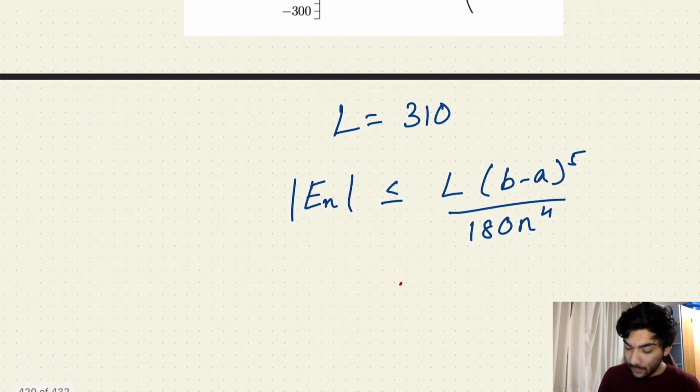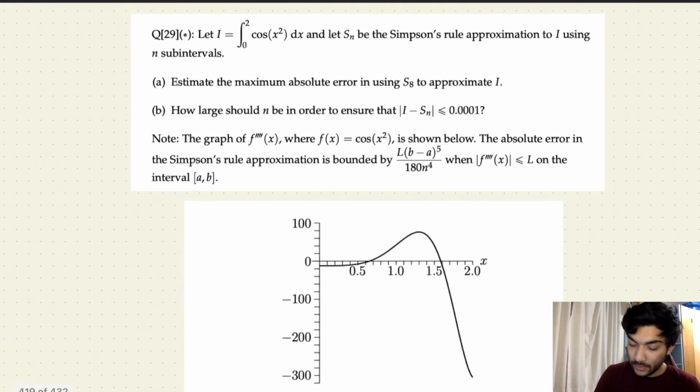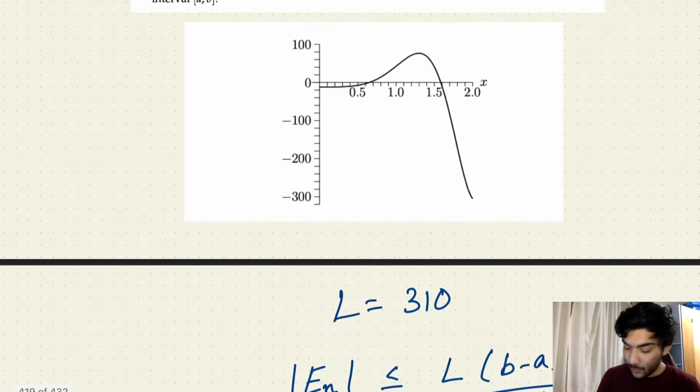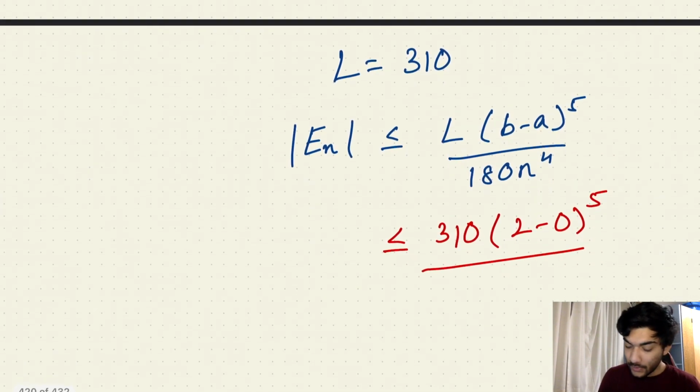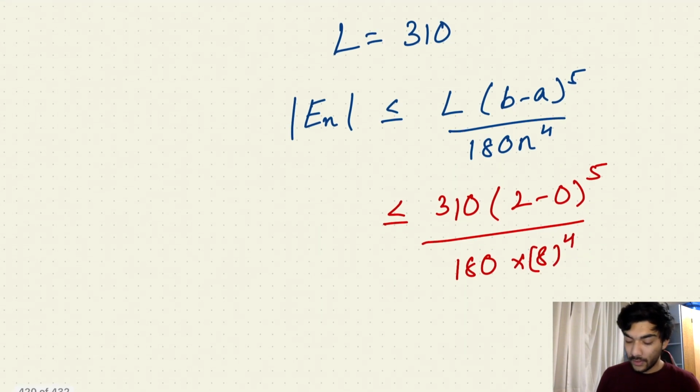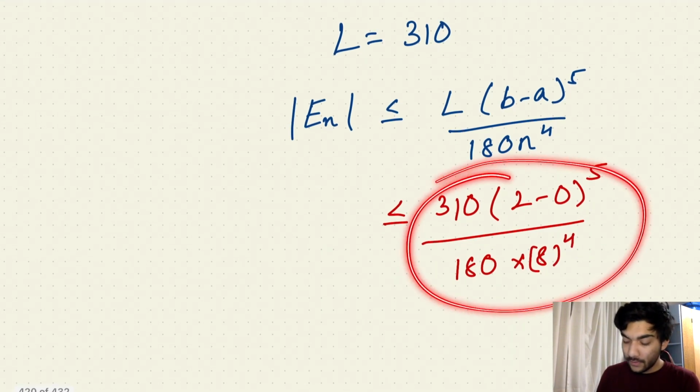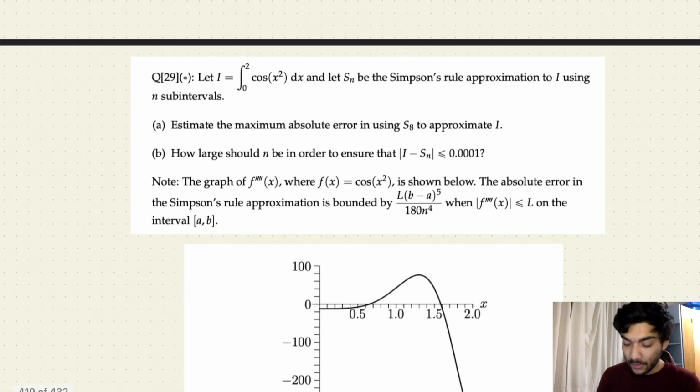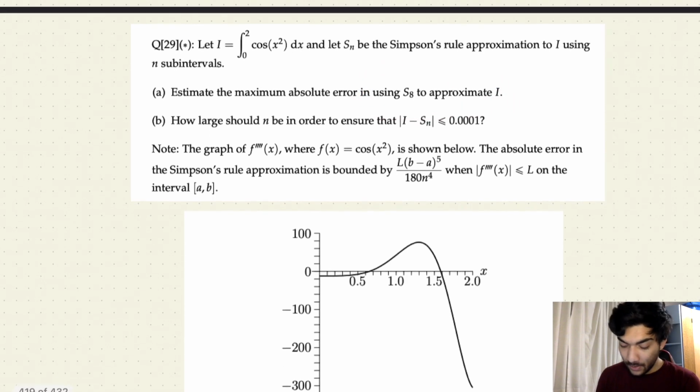And now you know all the values. L is 310, b is 2, a is 0 in this case, because the lower endpoint is 0 and the upper endpoint is 2. And then you're using 8 subintervals, so it would be 180 times 8 to the power 4. If you calculate this expression, you'll get the maximum absolute error in using the Simpson's rule approximation with the number of subintervals to be 8.